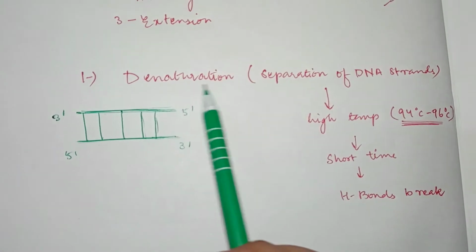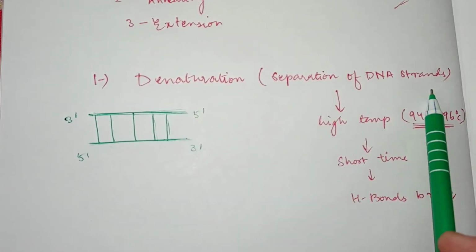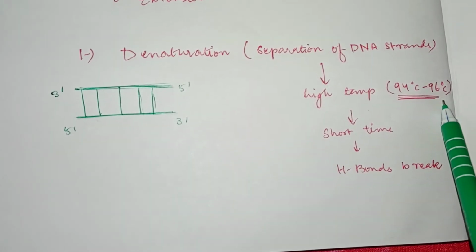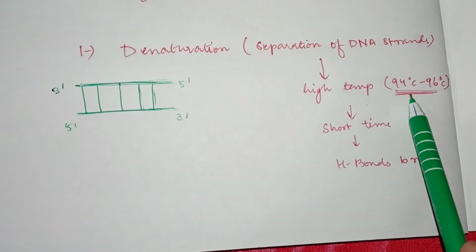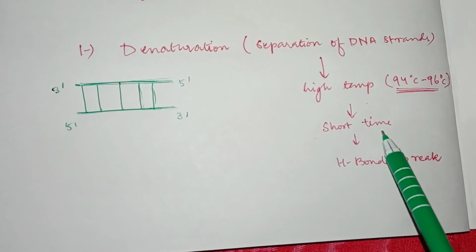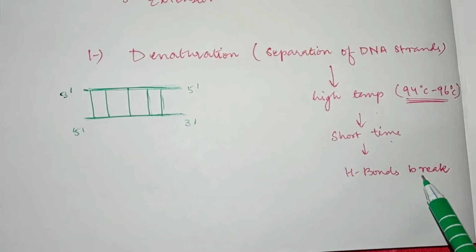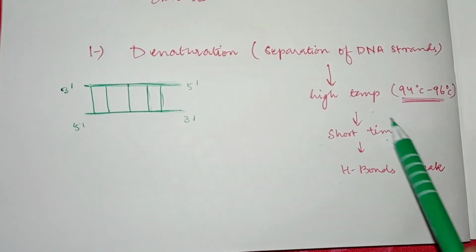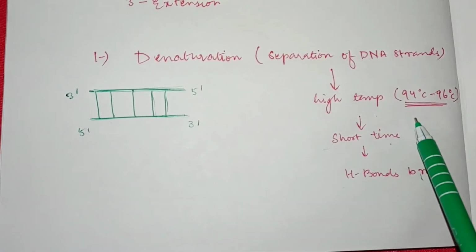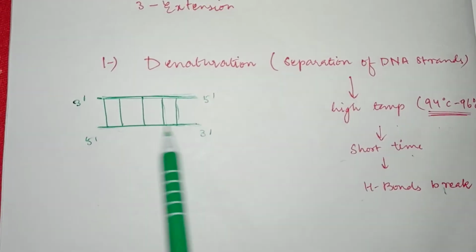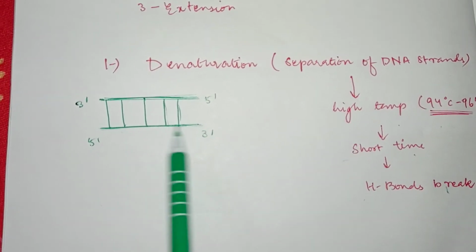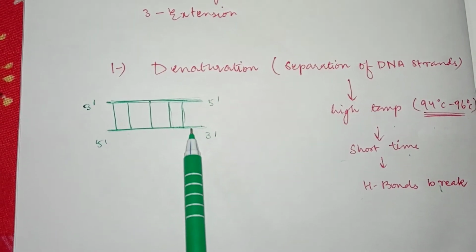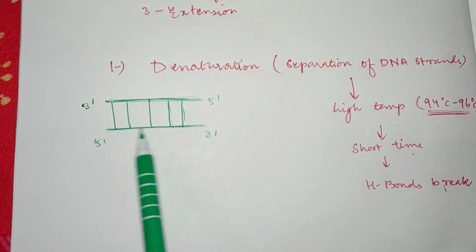So in denaturation step, separation of DNA strands takes place at a high temperature, that is 94 degrees Celsius to 96 degrees Celsius, and this temperature is given for a short period of time so that the hydrogen bonds only get broken down. If this temperature is given for a long duration, then the phosphodiester bonds present in these strands are also going to be broken down. So that is not going to be good for this DNA structure.